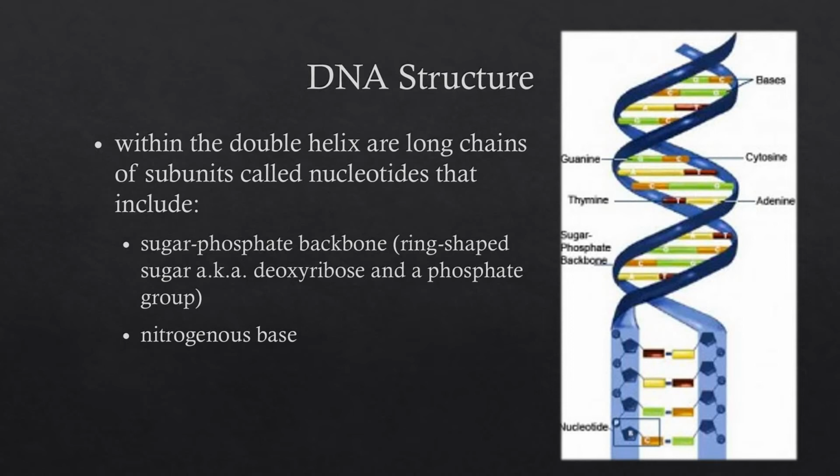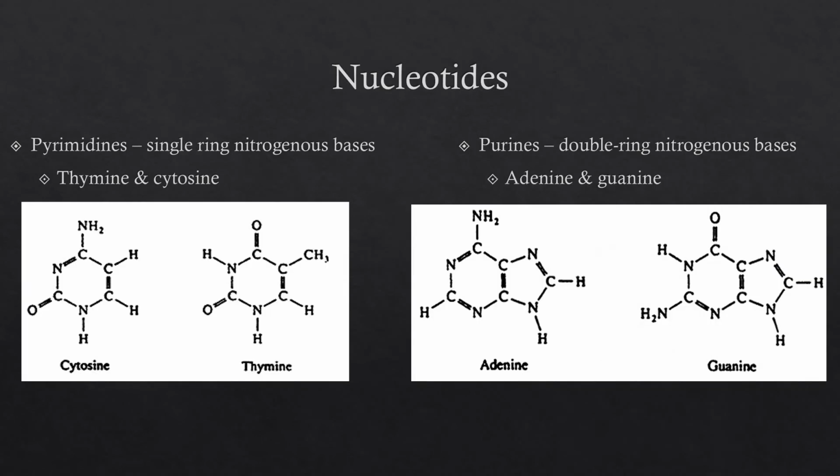Now, inside this double helix are long chains of subunits called nucleotides. They are made of two things. One is a sugar-phosphate backbone, which is created by a sugar and a phosphate group. The ring-shaped sugar is also known as deoxyribose, and then there is a phosphate group, as well as a nitrogenous base. And these nitrogenous bases will determine what the coding is in our DNA.